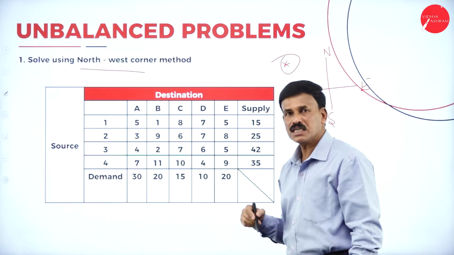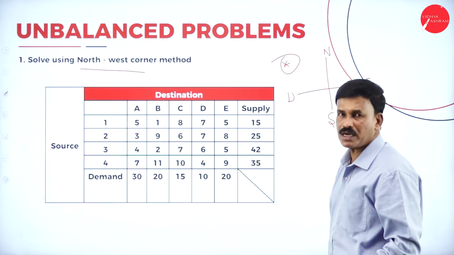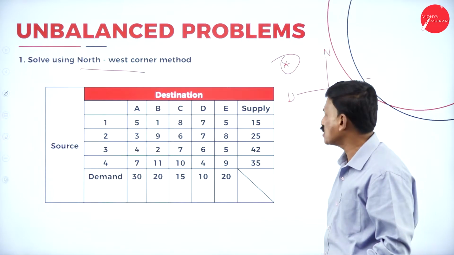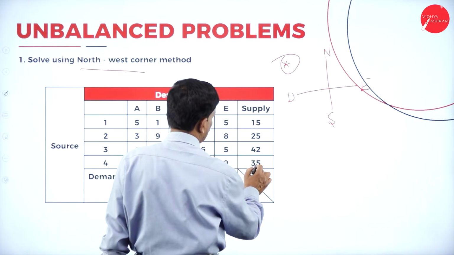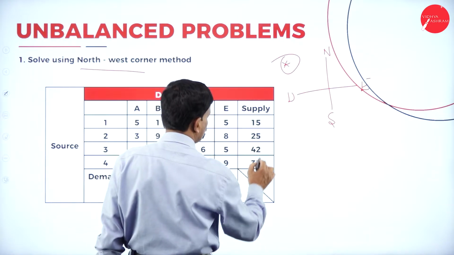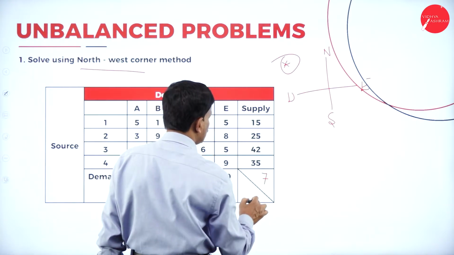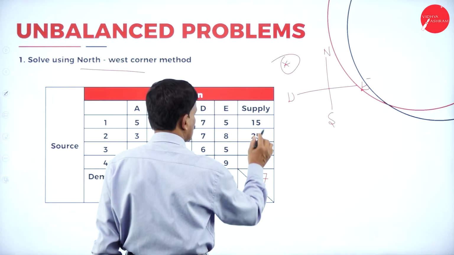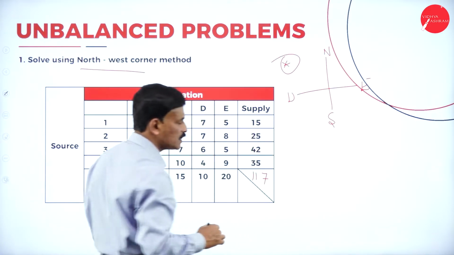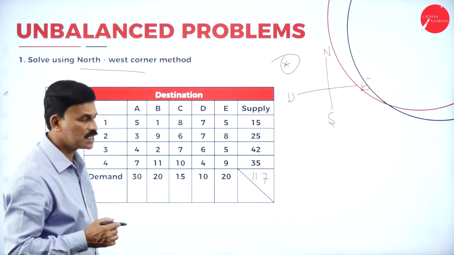Now before that, let us check whether this is a balanced or unbalanced transportation problem. If you add the supply: 5 plus 5 is 10, plus 5 is 15, plus 2 is 17, 4 plus 3 is 7, 7 plus 2 is 9, plus 1 is 10, plus 1 is 11, giving 117. So the supply is 117.